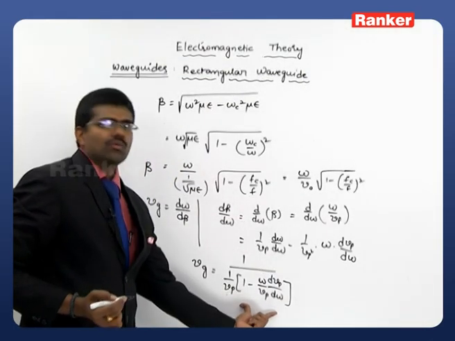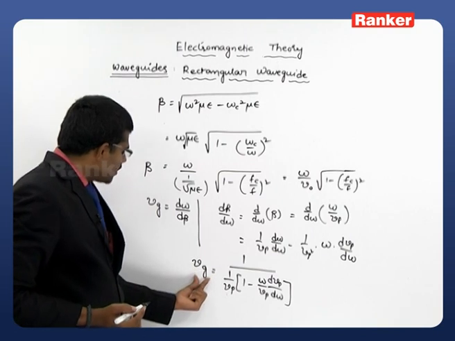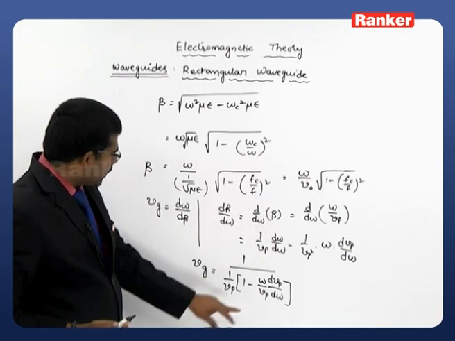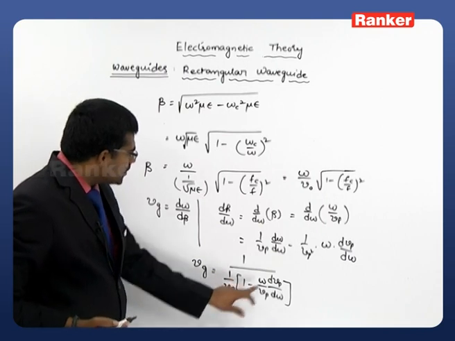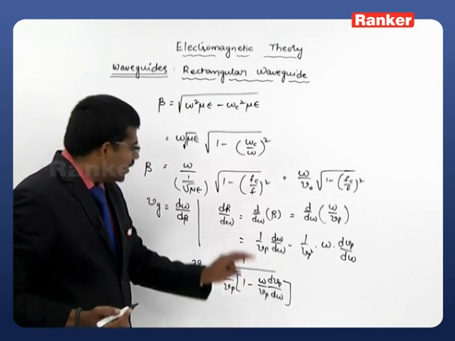This is the term that we have, right? Group velocity is simply the inverse of this: 1 divided by (1 by Vp, which I took common) times (1 minus omega by Vp dVp by d omega).